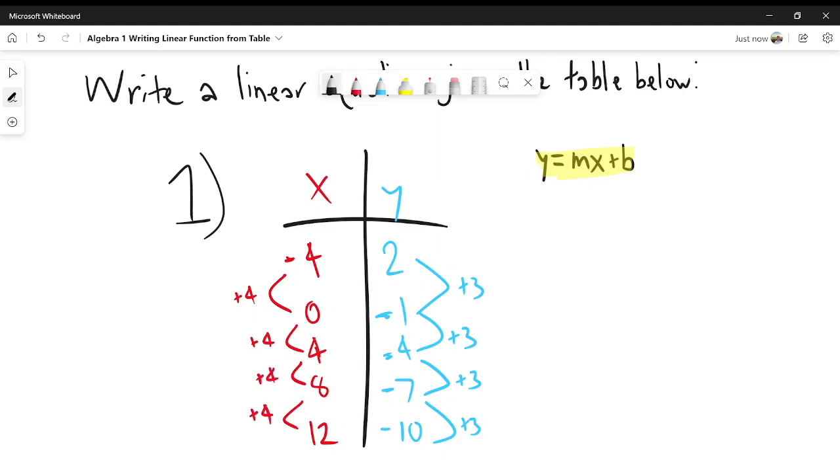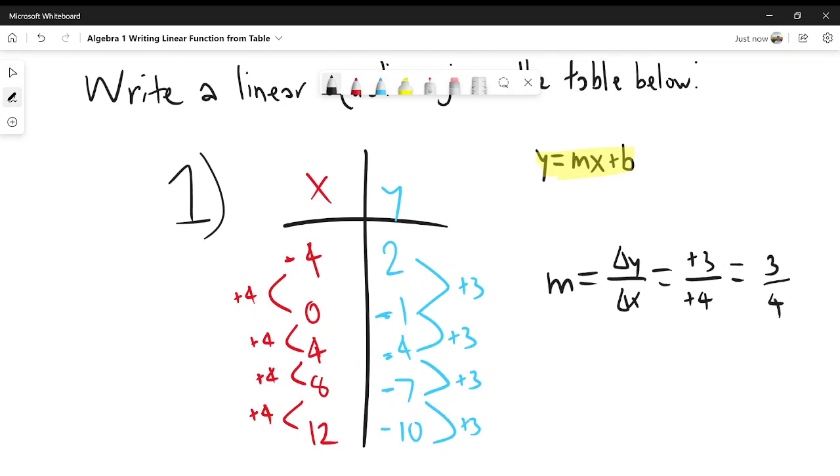So our m value is going to be equal to the change in y over change in x, which is positive 3 over positive 4, which is 3 over 4, and that's our slope.